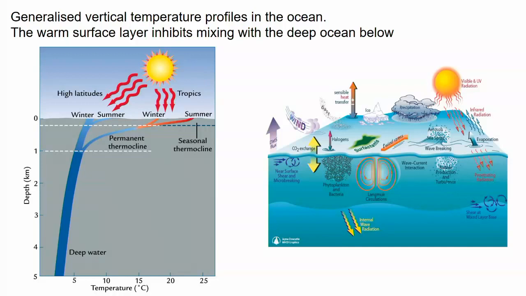But it's only heated at the top, which means that we generate this layer of warm water that changes temperature quite a lot, but means that the bottom, the deep ocean, really does not get heated at all. And that leads to this layer at the top, which, because it's so much lighter than the water below it, doesn't mix with it at all.